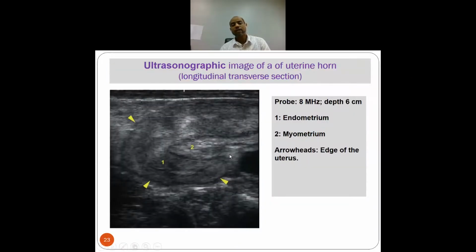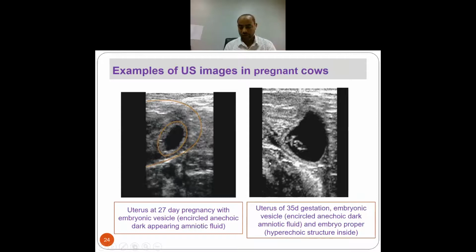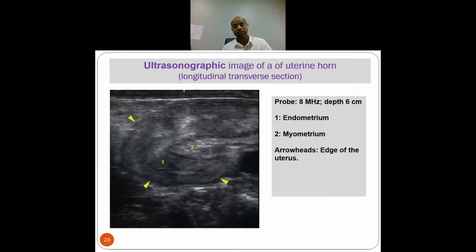Okay, when the animal is not pregnant, we can still use the technique to examine and see the status of the reproductive physiology or the reproductive cycle. So here is a transrectal examination result using a linear probe of the uterine horn.